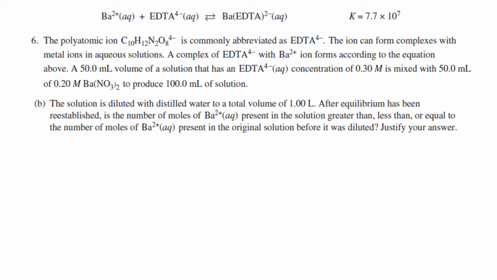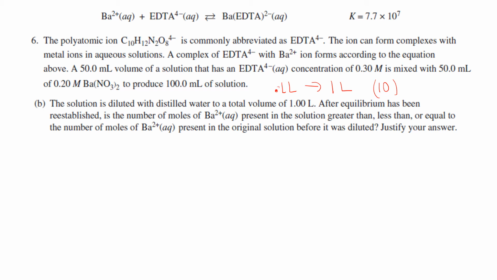This last part of the problem, they're asking if you dilute the solution to a total volume of 1 liter. In other words, we had 0.1 liters, and now we are going to 1 liter. So we're diluting it down by a factor of 10. Let's keep that in mind.